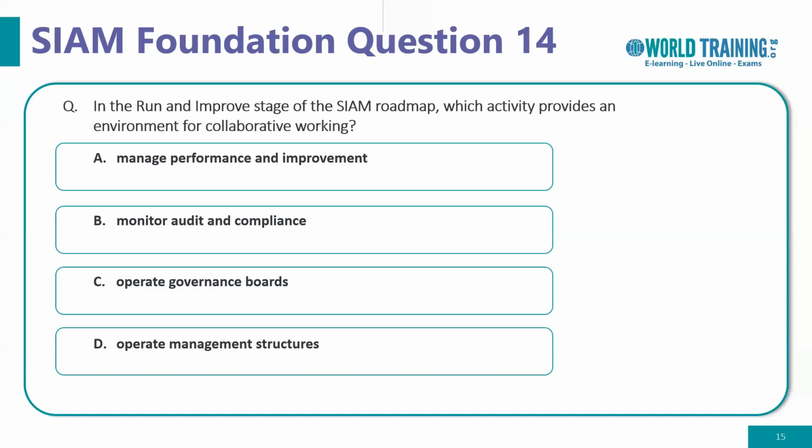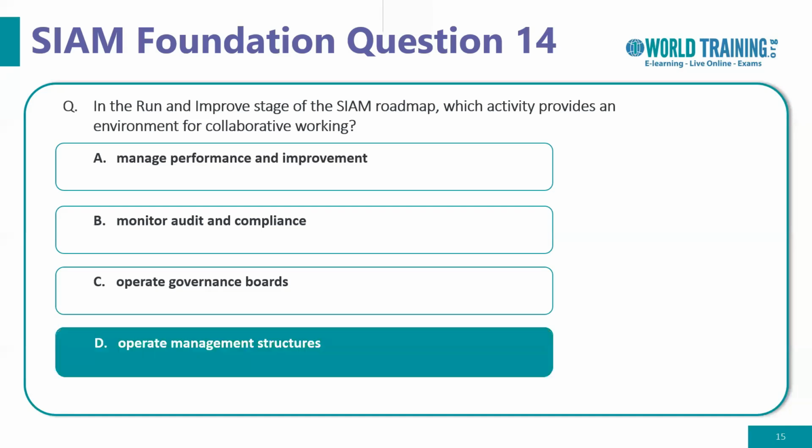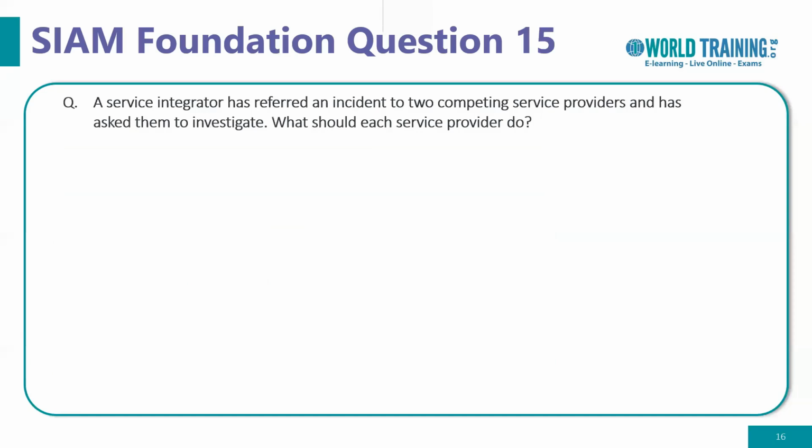It is not all about collaboration, or coordination and all that. It has all these underlying factors, but operate management structure is very relevant. So I think we need to understand management structures as referring to collaborative working.